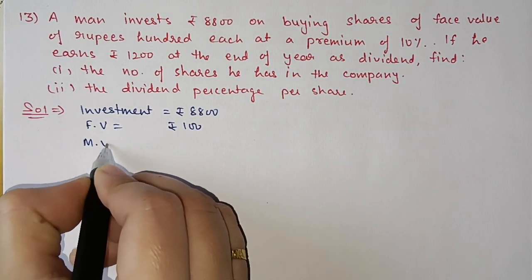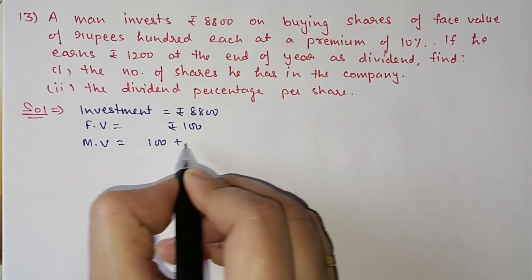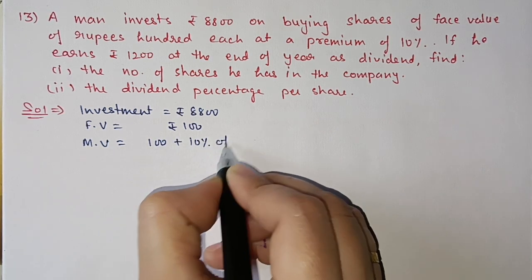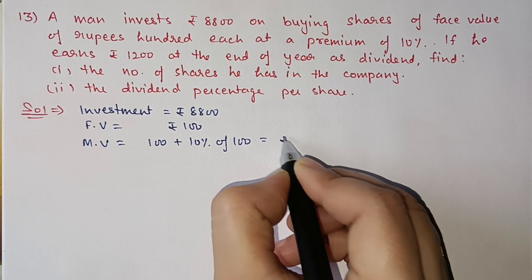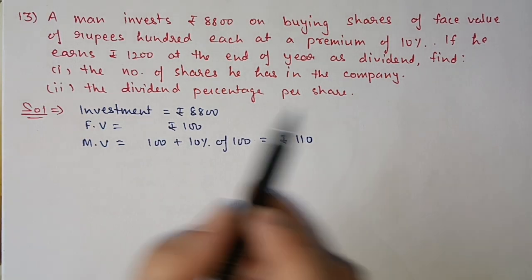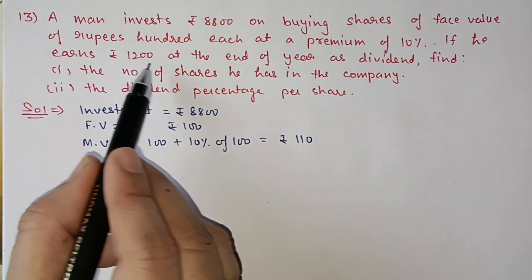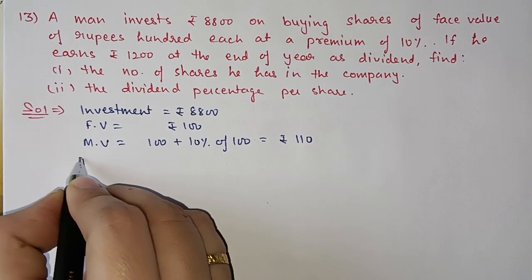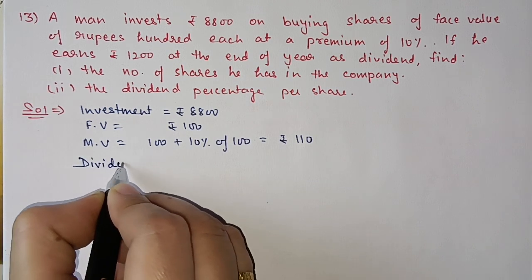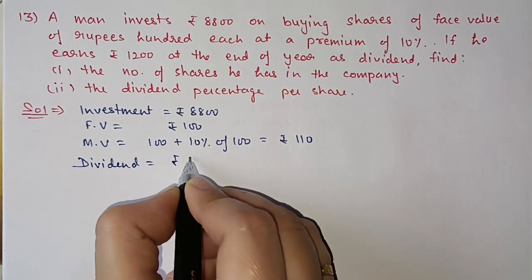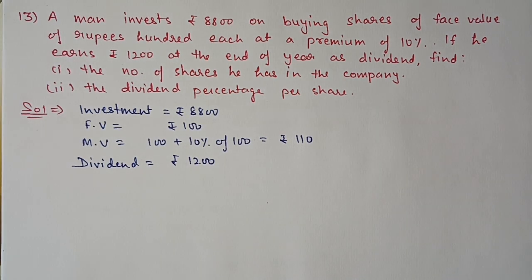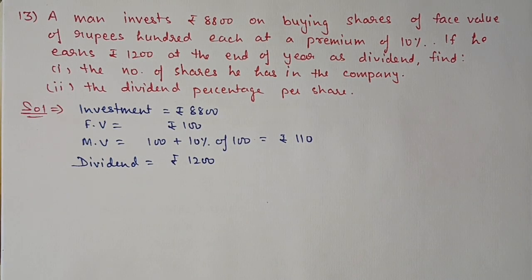So market value will be 100 plus 10% of 100. After calculation, we will get 110 rupees. If he earns 1200 rupees at the end of the year as dividend, so dividend is given 1200 rupees. Then we have to find out first the number of shares.